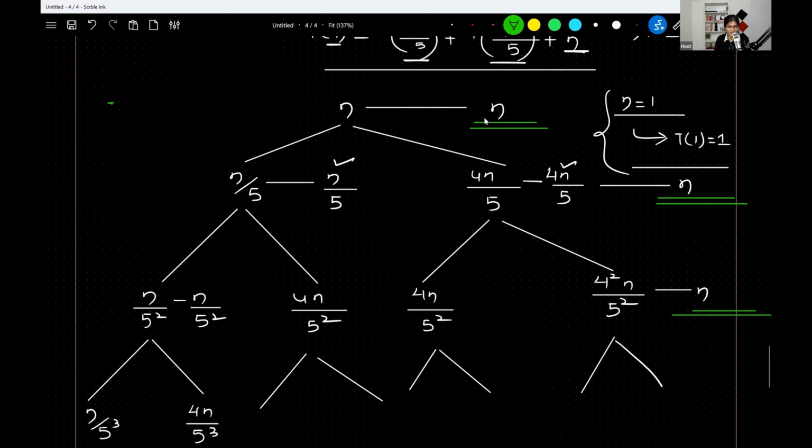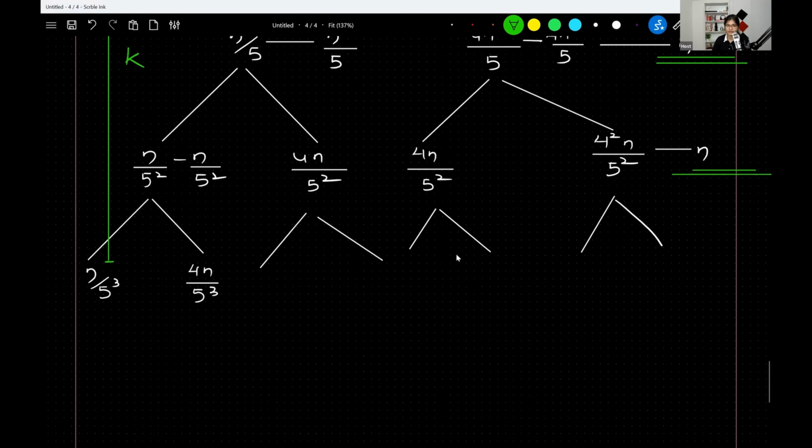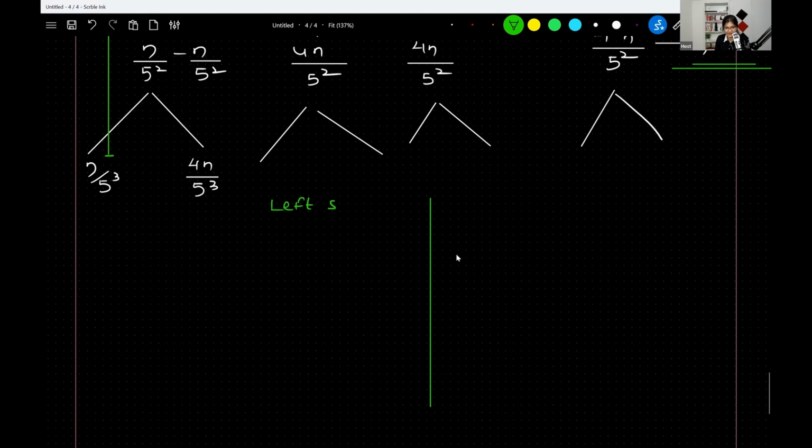But the question is how many levels we have to consider to compute the total cost. Let's say it is k. So now we need to figure out what is the value of k. Again, split into two parts, left side and right side. Now let me know on the left side what you are trying to do.